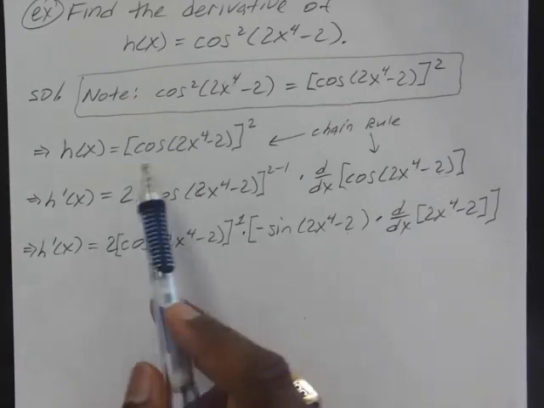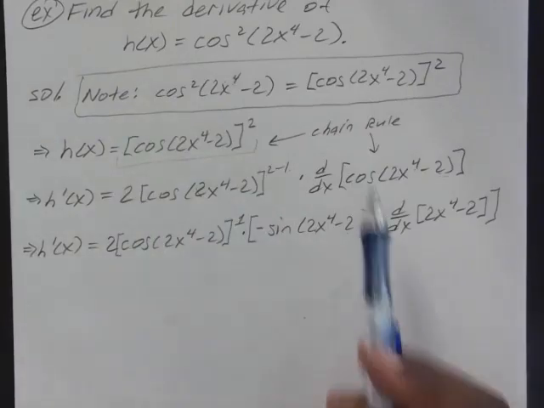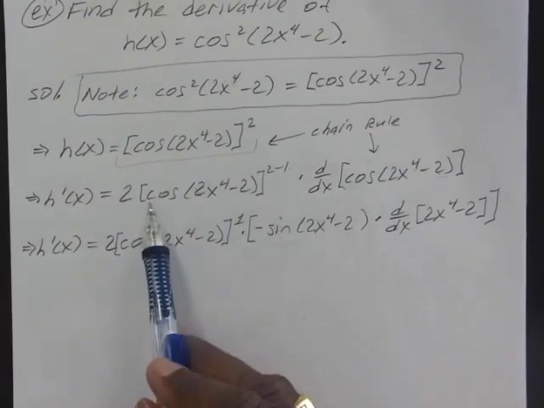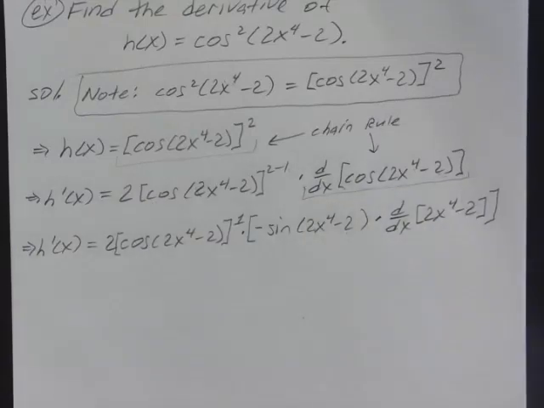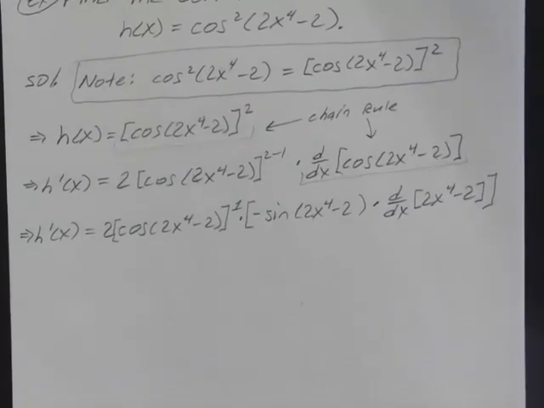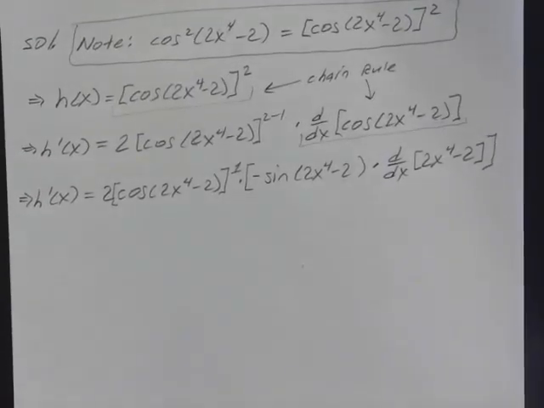Okay, so again, the chain rule was the only way we could find the derivative of this, and it was the only way we could find the derivative of this one. Well, not the only way, but by far the least, requiring the least amount of work.